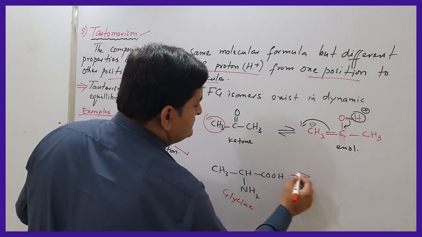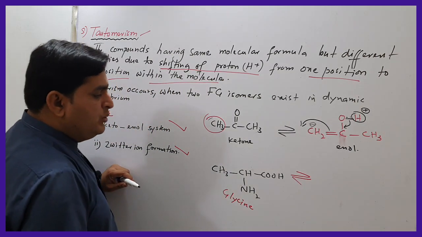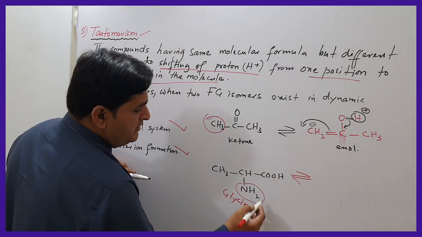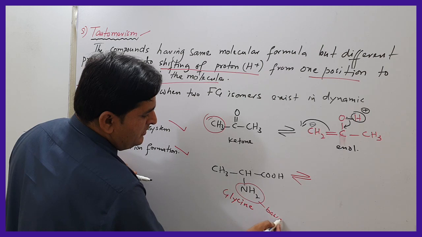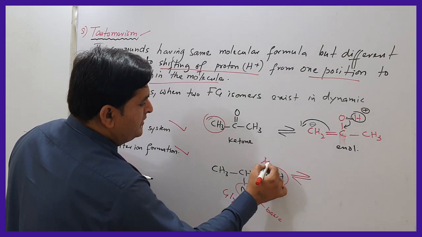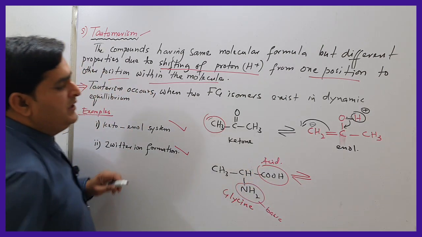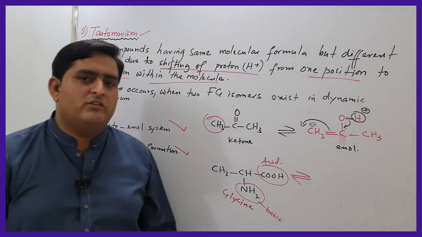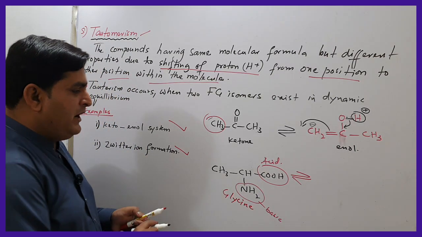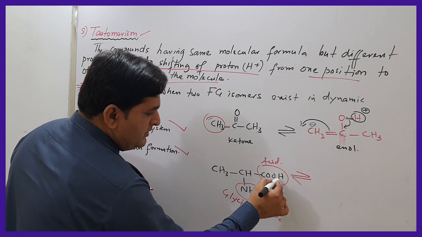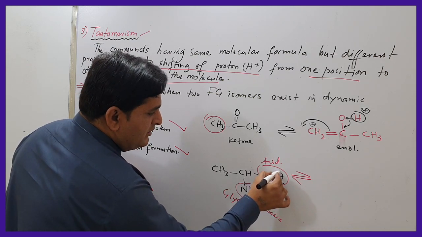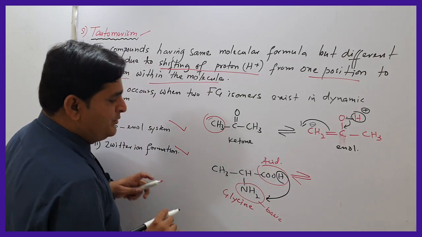Now glycine is an amino acid. This amino group has basic properties, and this carboxylic acid has acidic properties. So within the molecule, a proton donor and a proton acceptor are both present. Being acidic, it donates a proton; being basic, it accepts a proton.